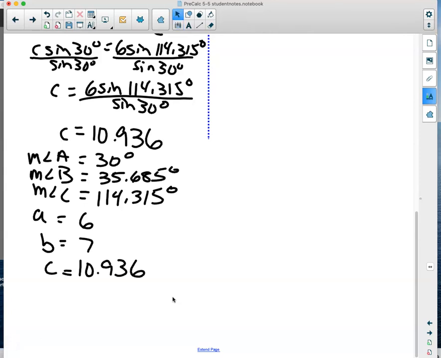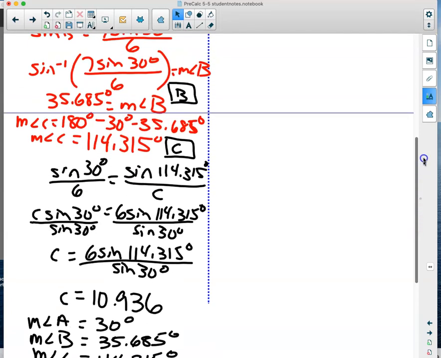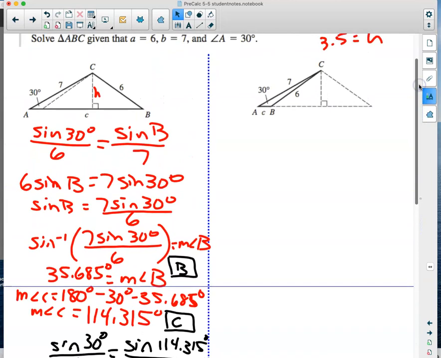Now we have to do it again, because there are 2 triangles that might be formed here. So I start thinking, something in all that math I did must help me out with this one. And there is one thing that helps me out, and that's the fact that I found angle B, right there.